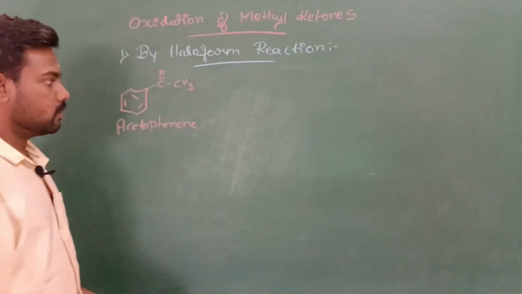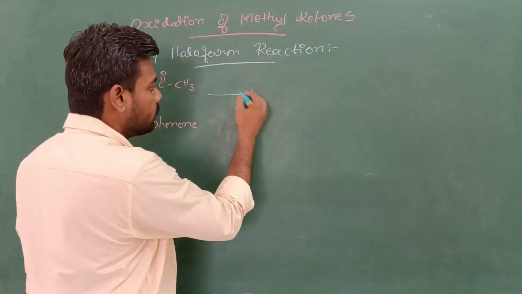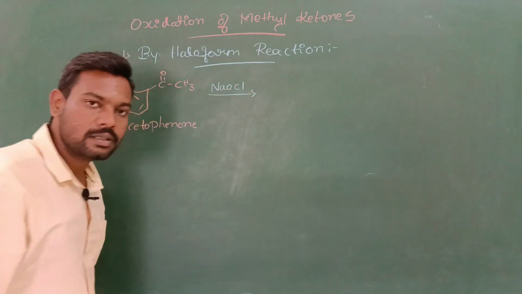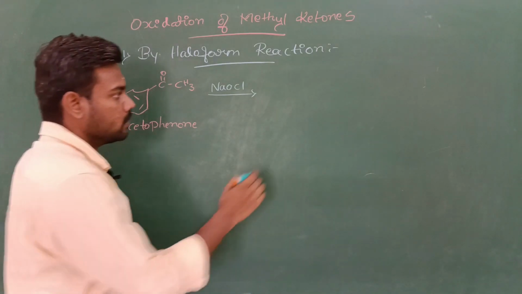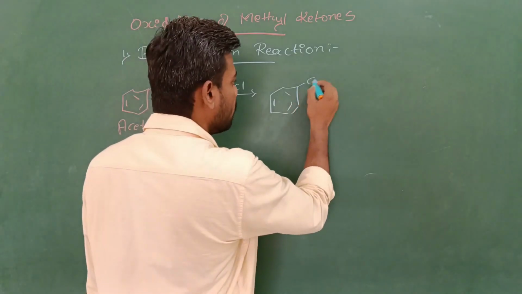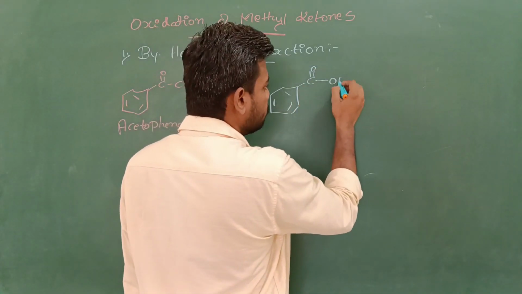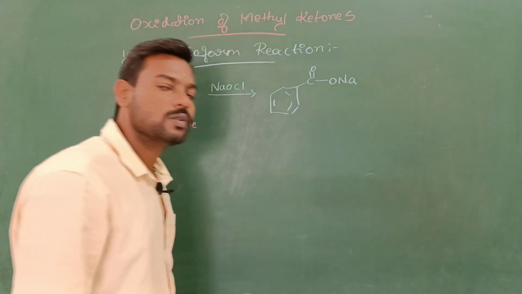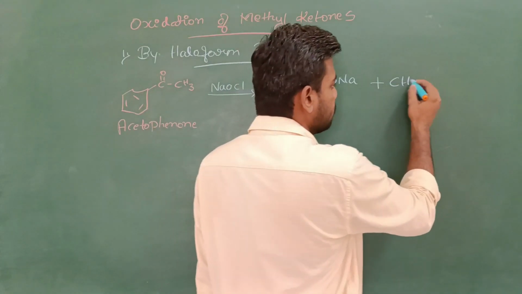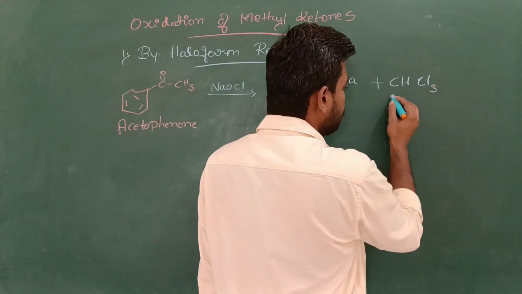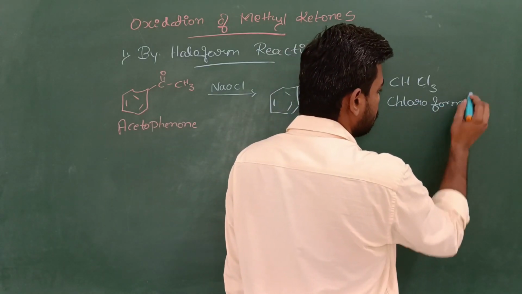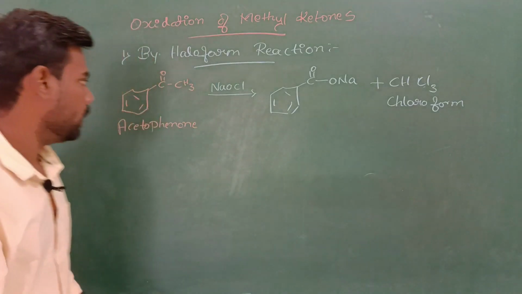If acetophenone is on reaction with sodium hypochlorite, it forms sodium salt of carboxylic acid and chloroform. Clear?